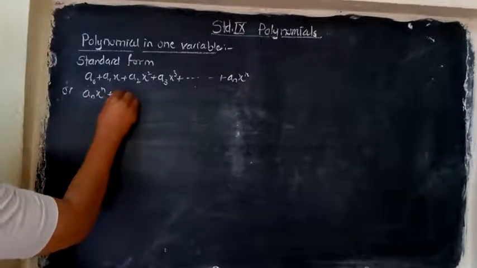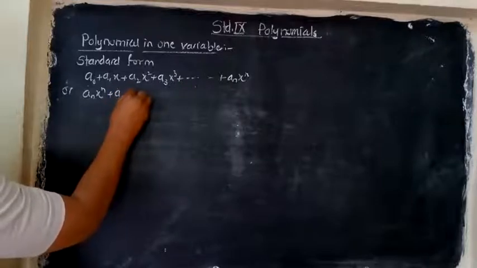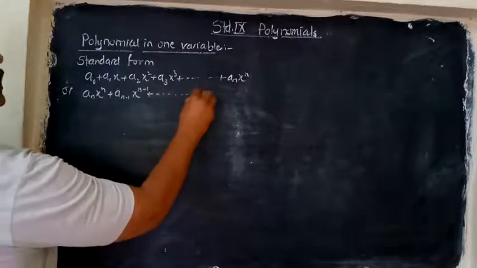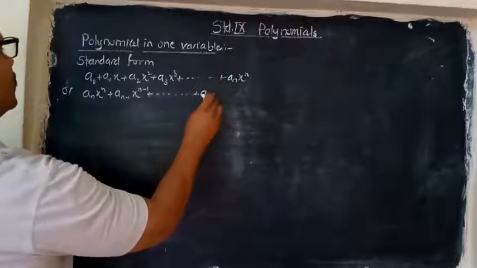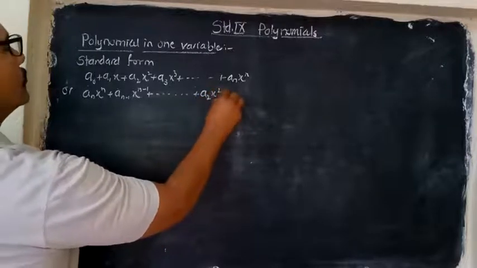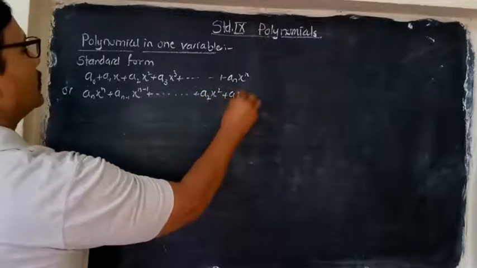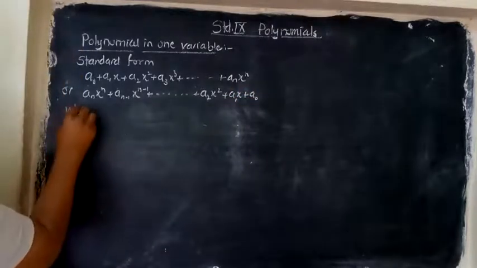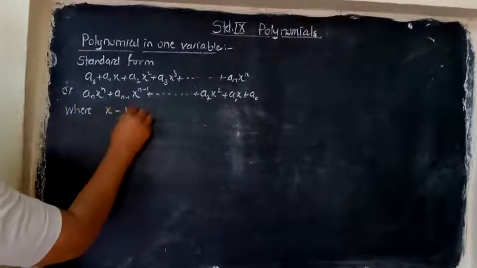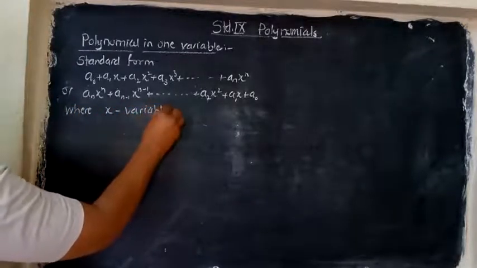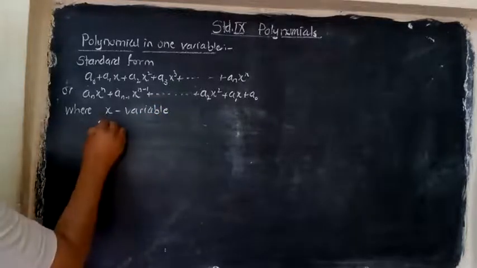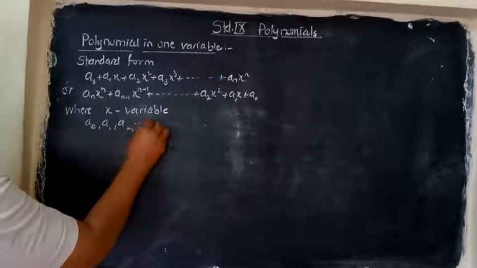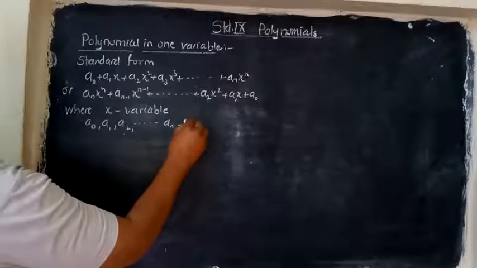An x raised to n, a n minus 1 x raised to n minus 1 plus up to a2x square plus a1x plus a0, where x is our variable, that is, a value can be substituted. a0, a1, a2 up to an are coefficients.